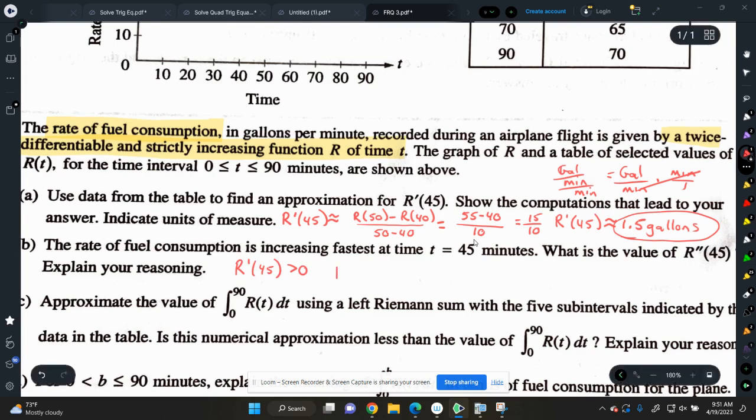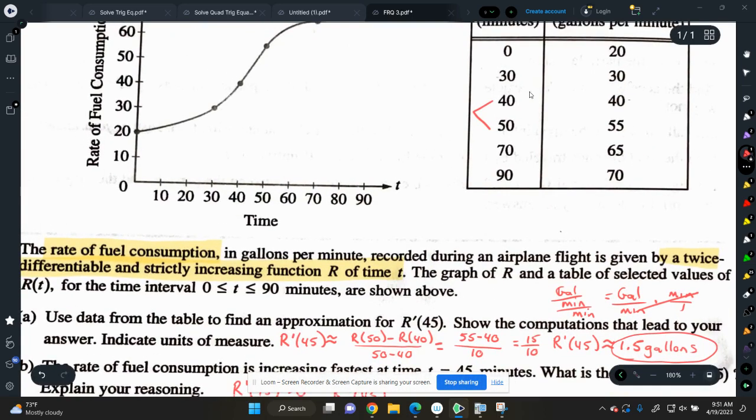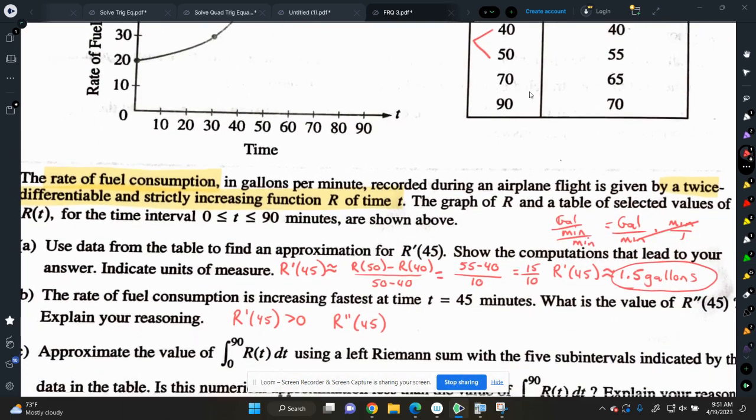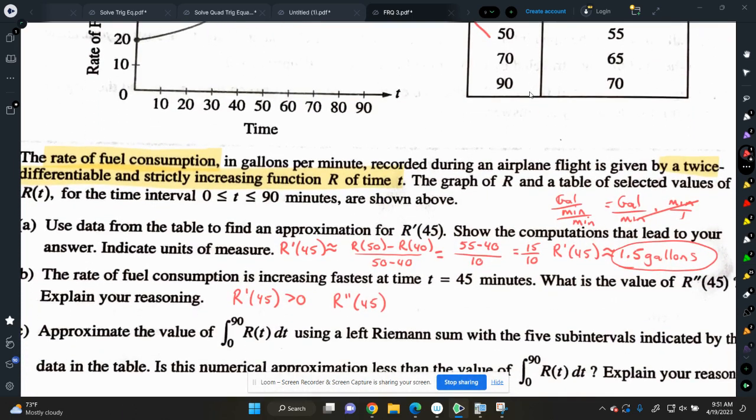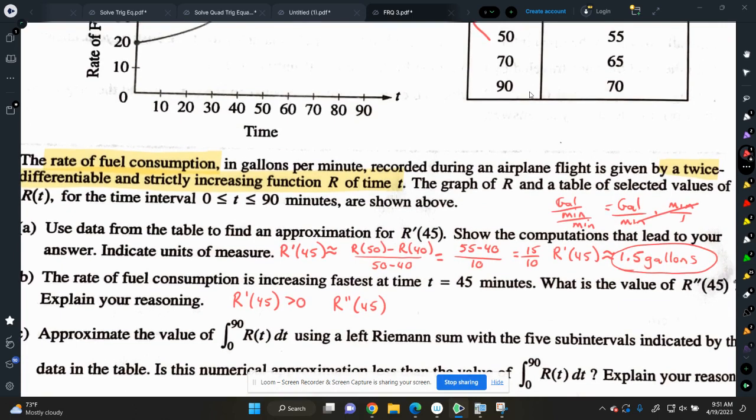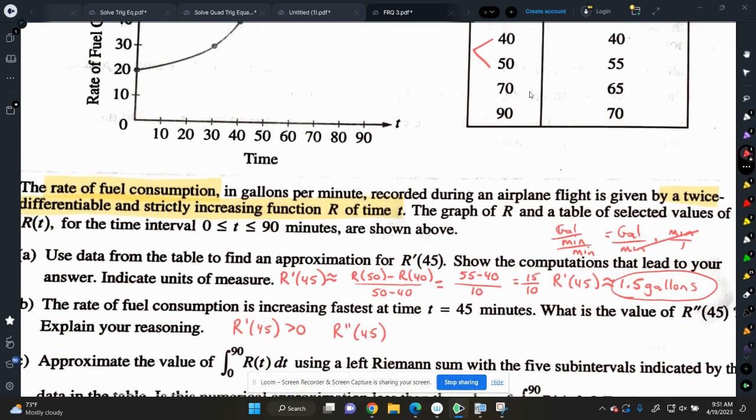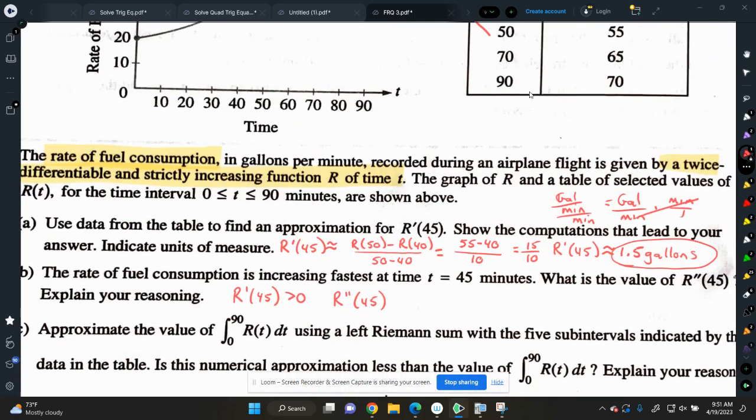And then R double prime of 45, what do we know about that? It's greater than 0. Wait a minute. So then this is equal to 0, right? Is that what we're saying?